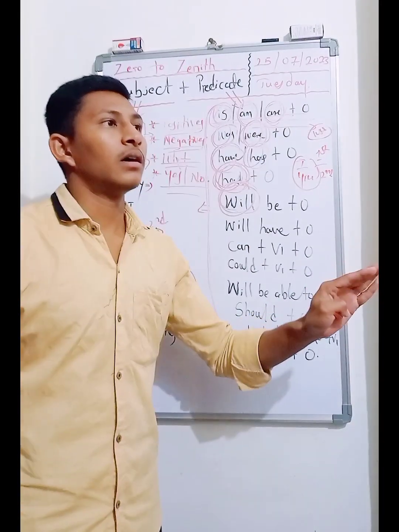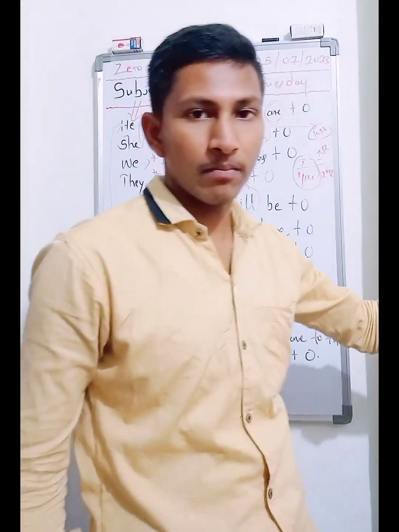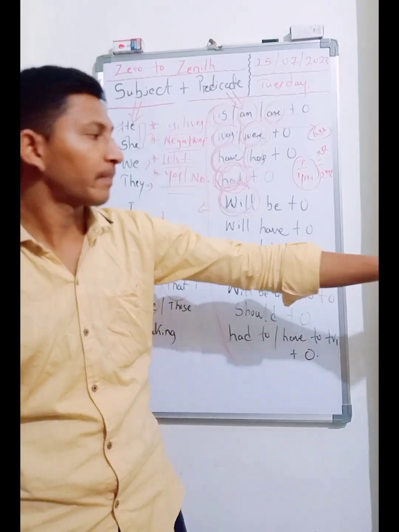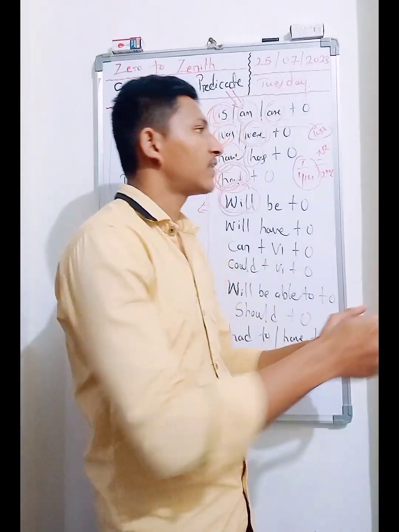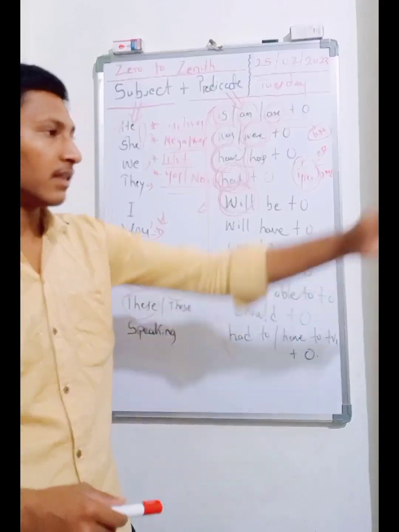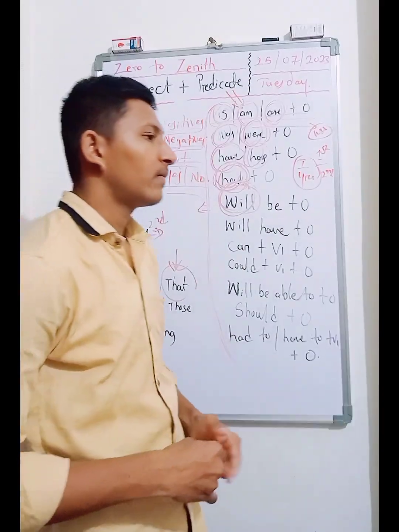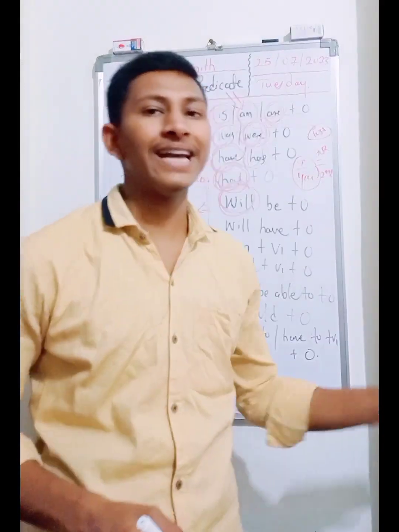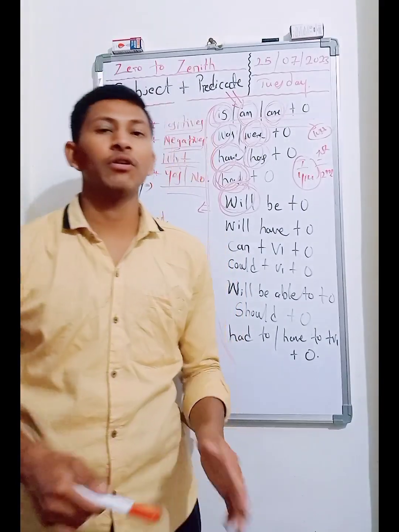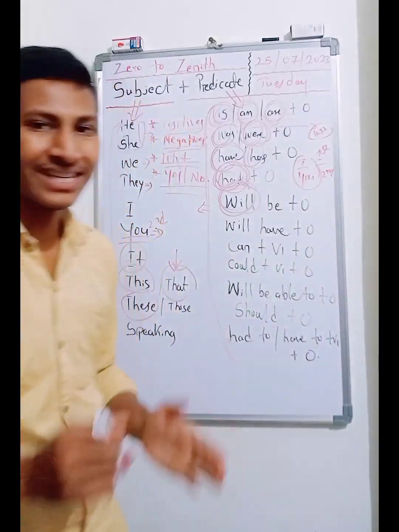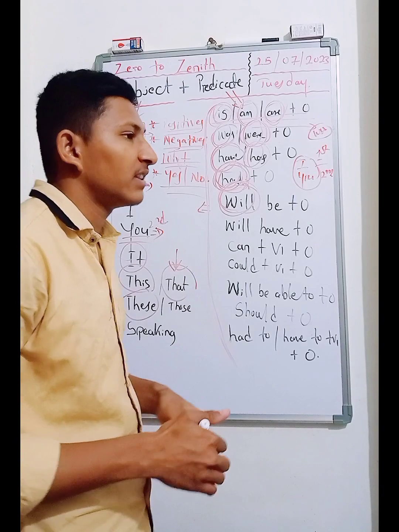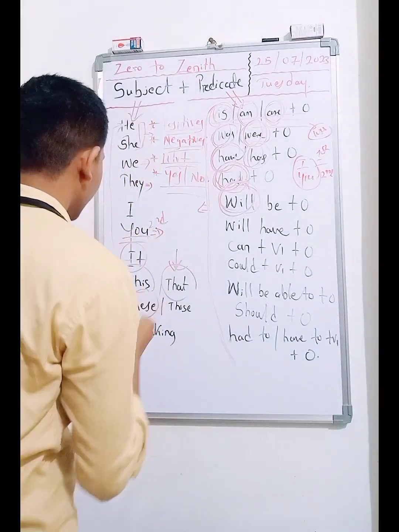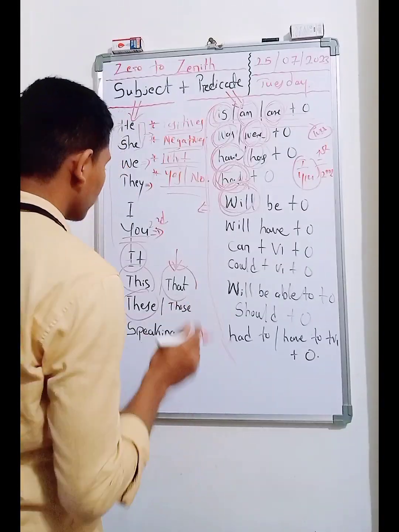If this pen is far away from me, then I have to say that pen. And if that is not visible, then you have to say that. And if there is a past thing, then you have to say that. And if it is present, near, and singular, then you have to use this. I hope you understood that also.